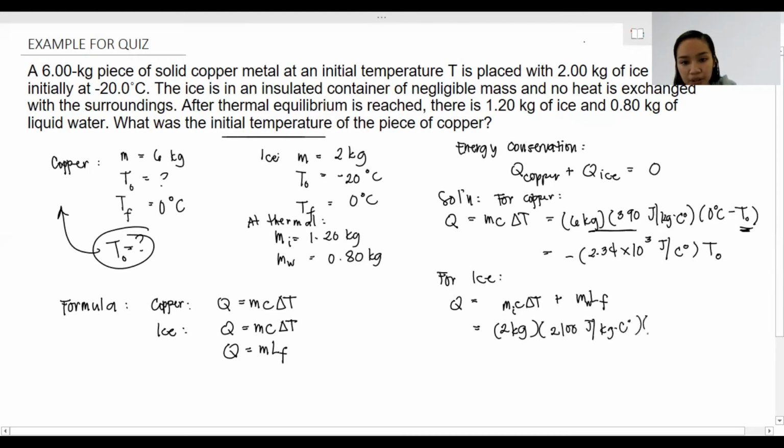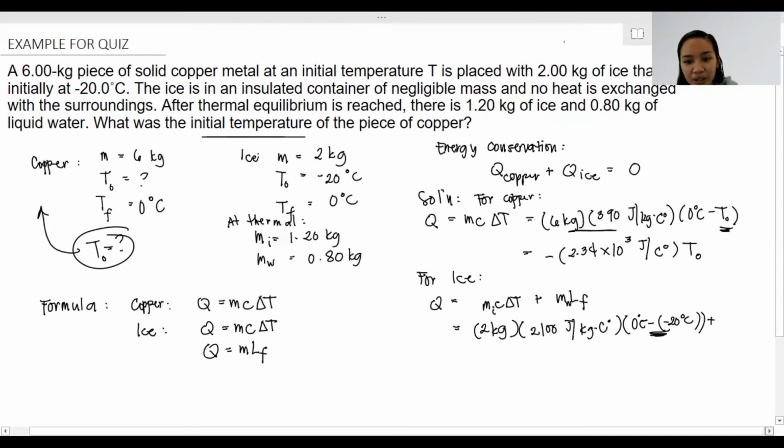And then our final temperature minus initial temperature for our delta T, that's 0 degrees Celsius minus negative 20 degrees Celsius. So if you have here minus minus, this will become positive.